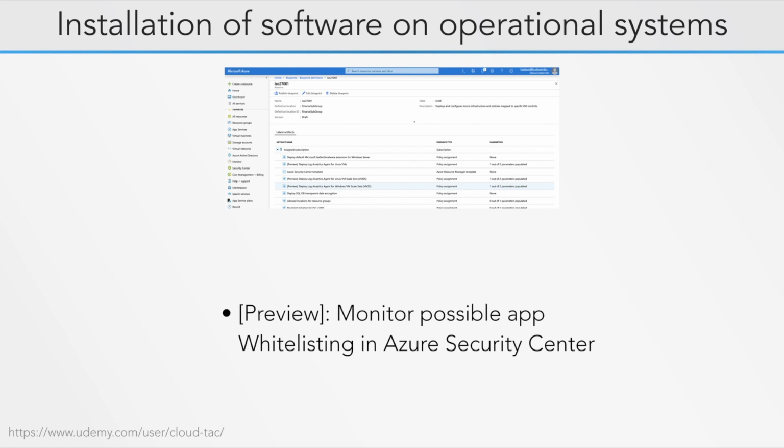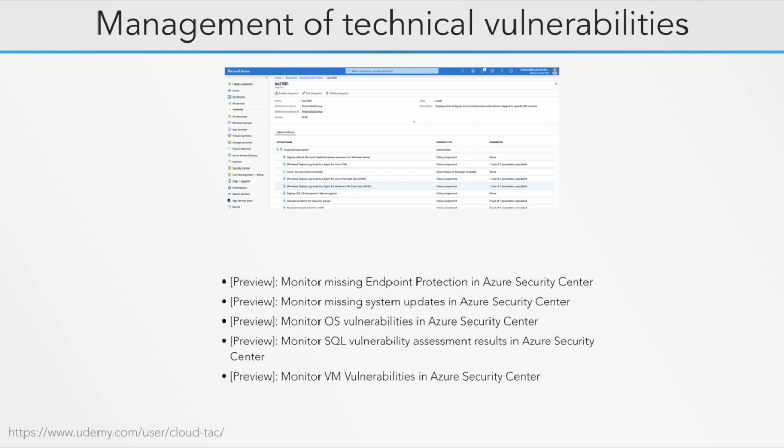This capability helps you control installation of software and applications on Azure virtual machines. You manage information system vulnerabilities by assigning 5 Azure policy definitions that monitor missing system updates, operating system vulnerabilities, SQL vulnerabilities, and virtual machine vulnerabilities in Azure Security Center.